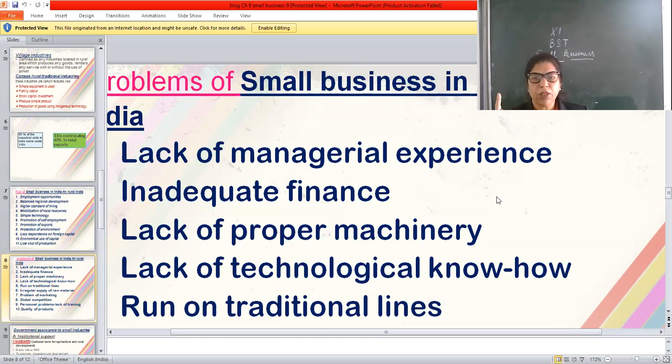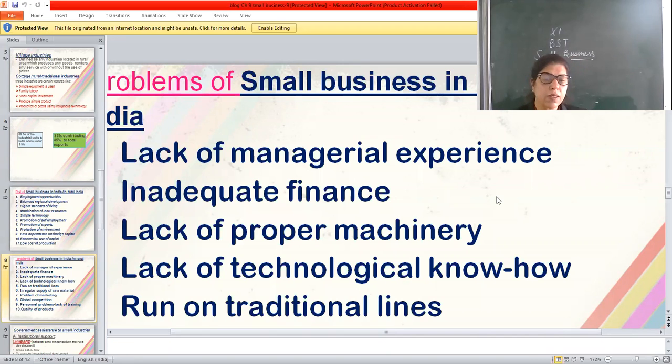See, they are unable to issue shares. They are unable to take bank loans, because banks are not readily willing to give loans to these small businesses, because small businesses are facing the sickness problem.